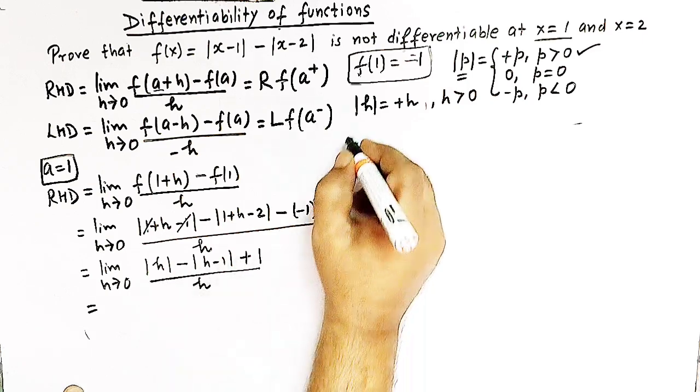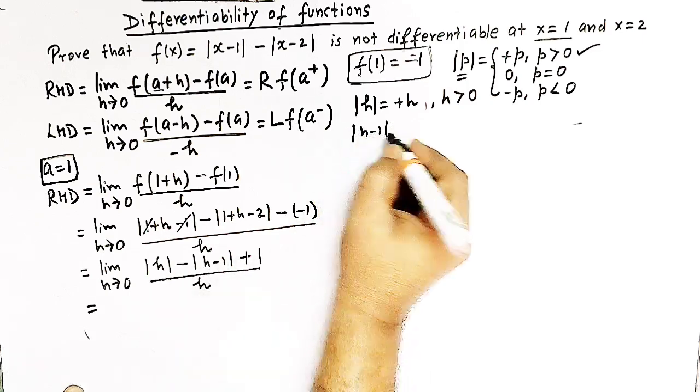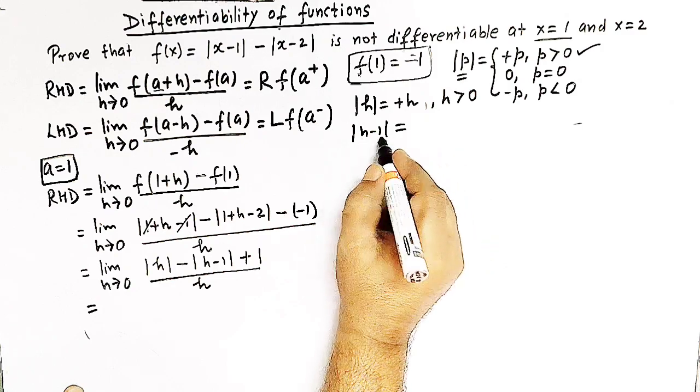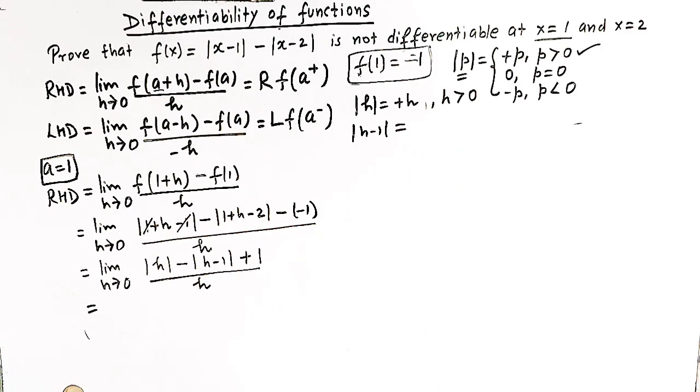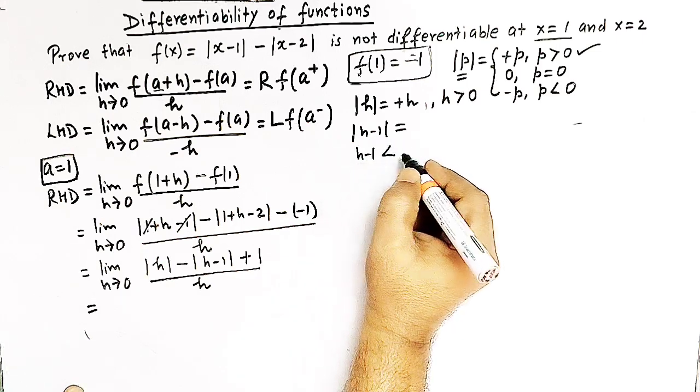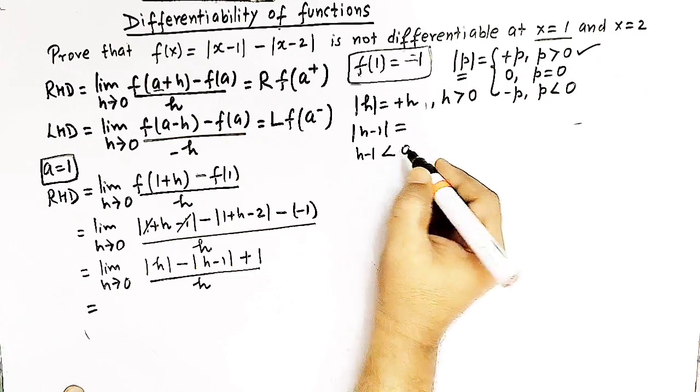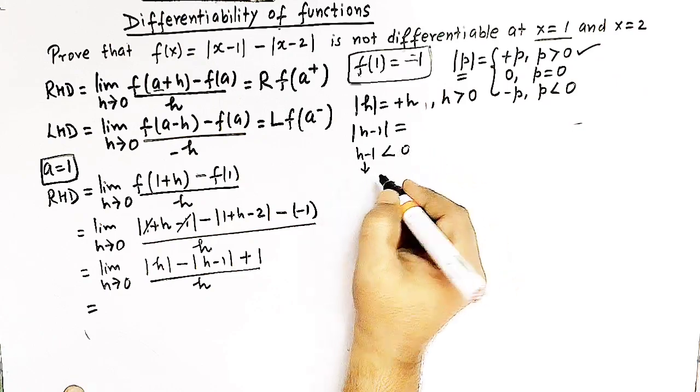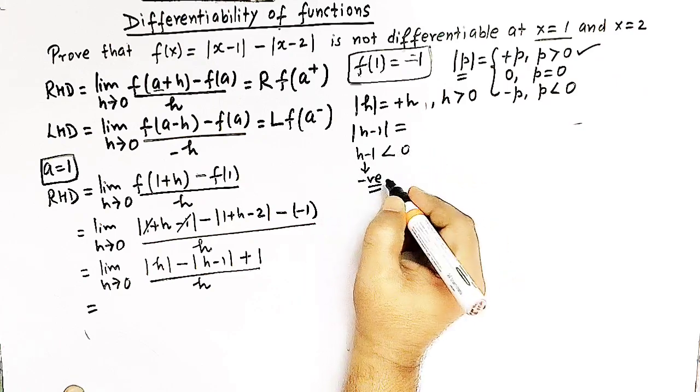And here we have a mod of h minus 1, right? Now see, h is infinitesimally very small, and it lies between 0 and 1. So this difference, that is h minus 1, is always going to be less than 0. That is, this quantity is always going to be negative, right?